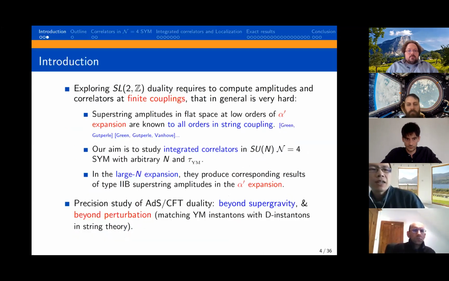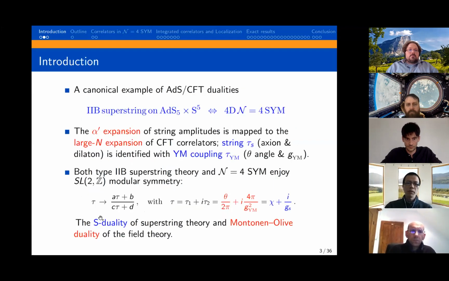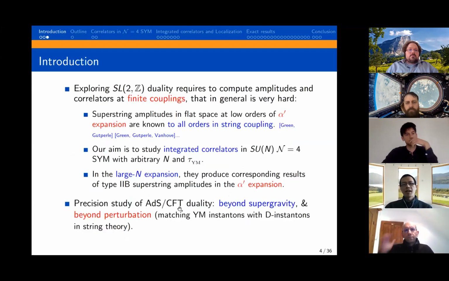As I said, we really want to study this SL(2,Z) duality, and from this transformation it's obvious that the duality relates the theory at weak coupling and strong coupling. So to study such a duality, we really have to compute the amplitude or correlation function at finite coupling. In general, computing anything at finite coupling is hard.